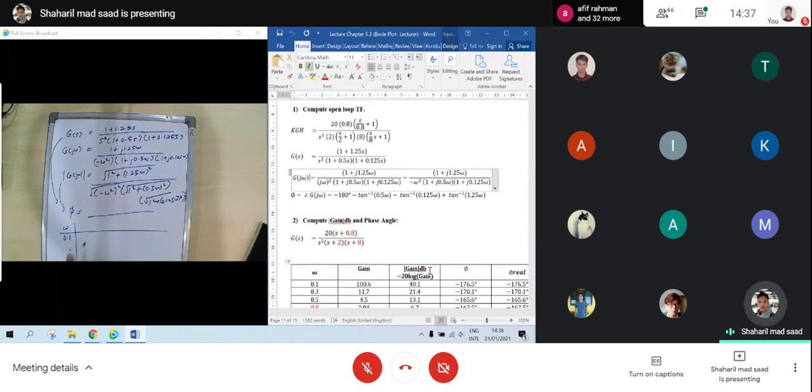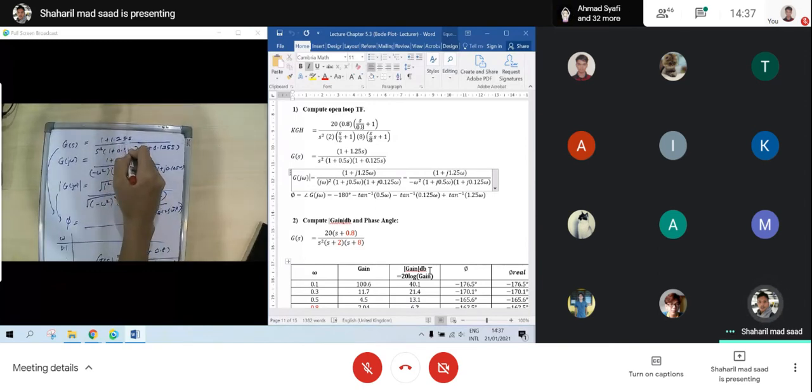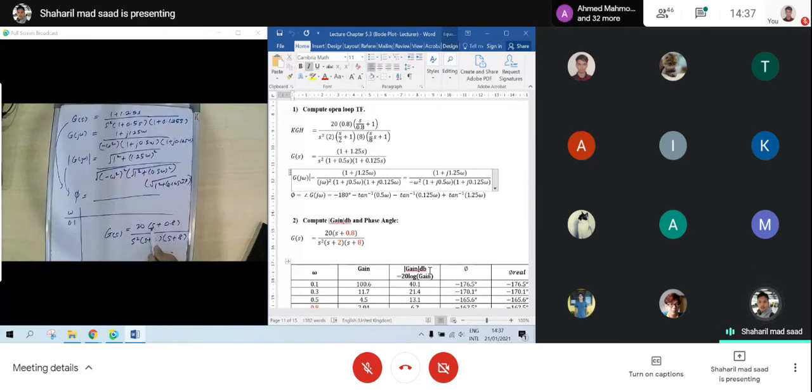So what you need to do is organize this equation so you get it as s plus 0.8, s squared, s plus 2, and s plus 8. Make sure that it is s plus something, so the coefficient is 1, not 1.25s.